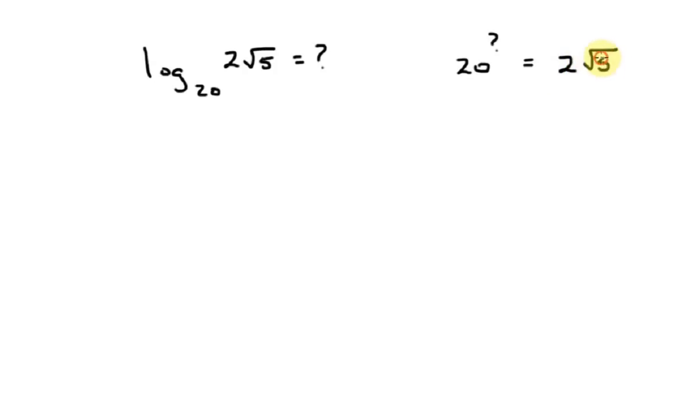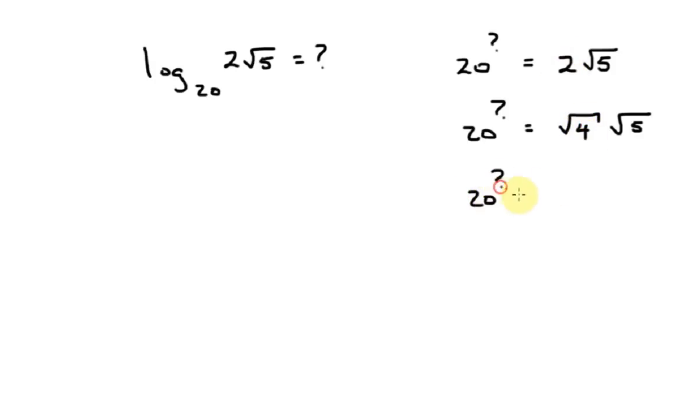How do I analyze something like this? Probably the easiest thing is to take this mixed radical and make it an entire radical. I've got my square root of 5, and I need the square root of something that is the same as the number 2. That would be a 4.